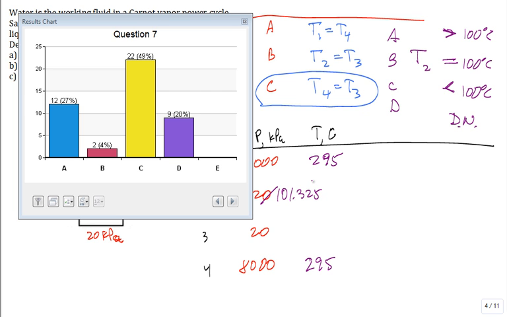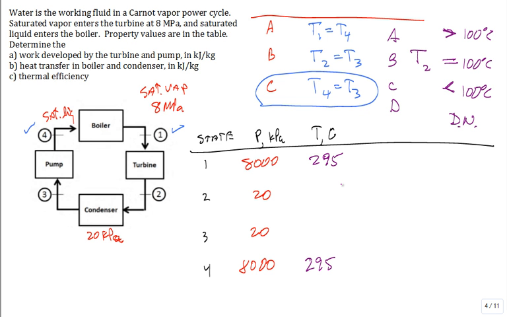If it was precisely 1 atm, what would be the temperature? 100 degrees C. So at a lower pressure, it's at 20 kilopascal, it's at a lower temperature. The boiling point is lower. So the correct answer is C. Did the explanation help? So this comes in right around 60 degrees C.